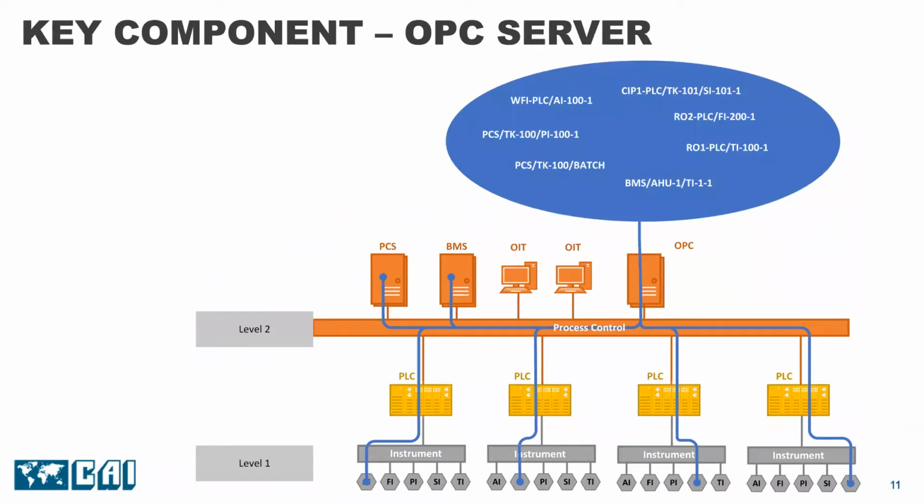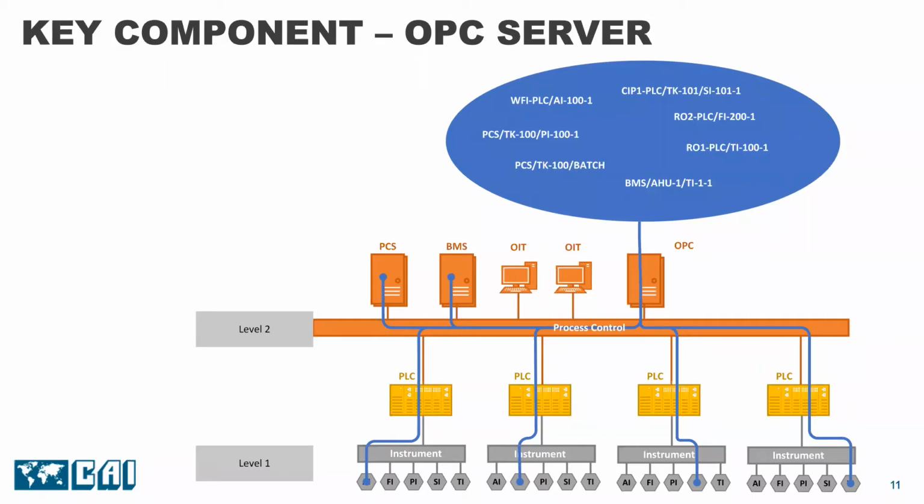An OPC server is a key component of our data infrastructure as well. In this diagram, an OPC server is shown as a centralized source of processed data. An OPC server is a computer that has a software program that interfaces with process control data sources and makes their data accessible to other systems.